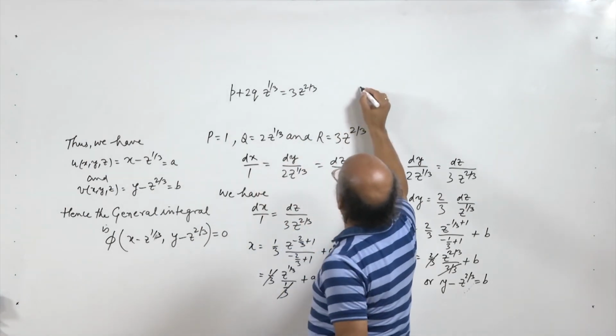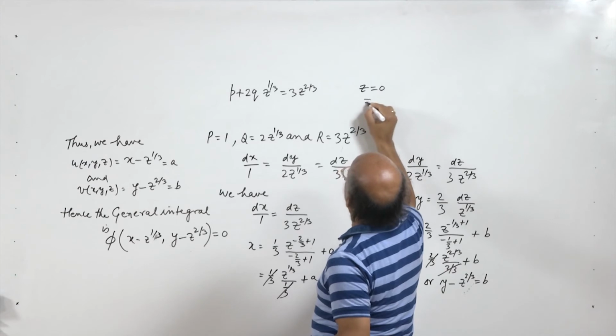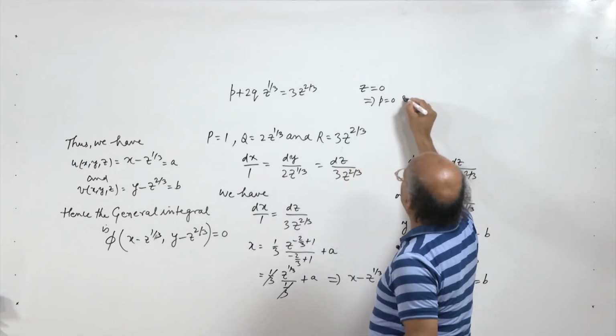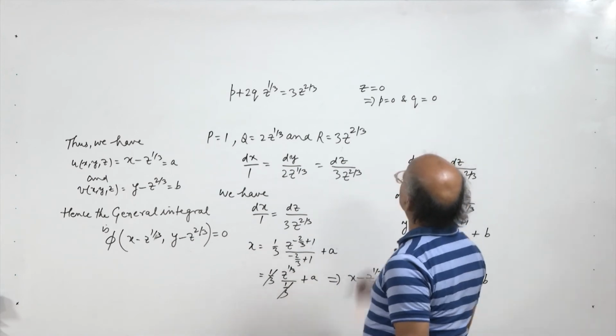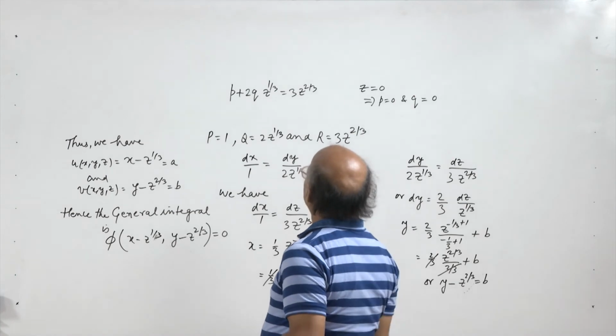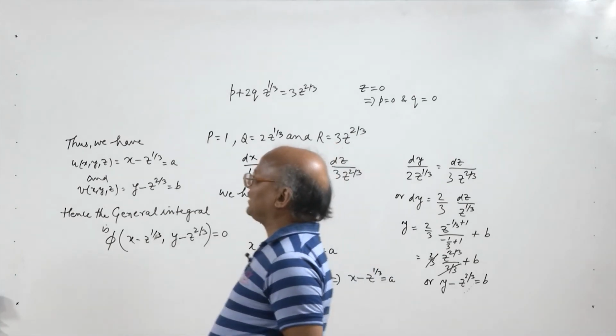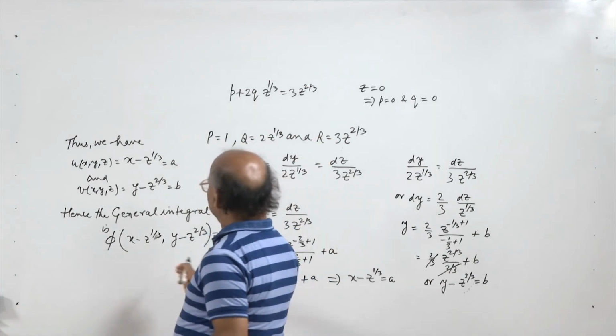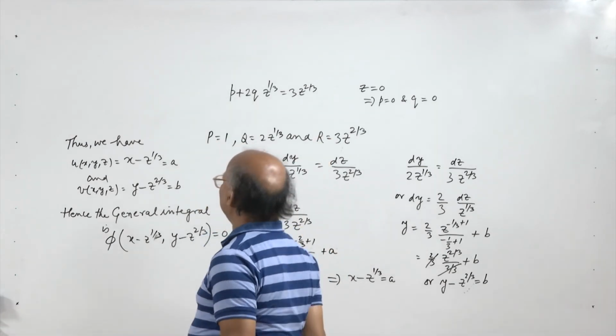Because when you take z equal to 0, this will give you p equal to 0, its derivative with respect to x equal to 0, and q equal to 0. So when you substitute, the given partial differential equation is satisfied, and z equal to 0 cannot be obtained from this general integral.